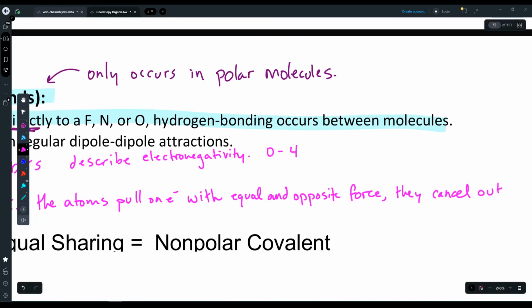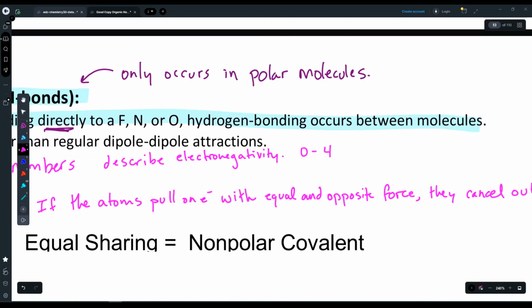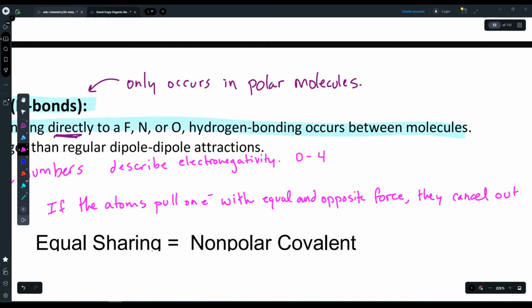So if they cancel out, then that means the compound is going to be nonpolar.